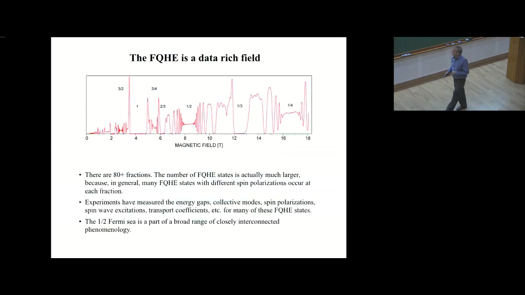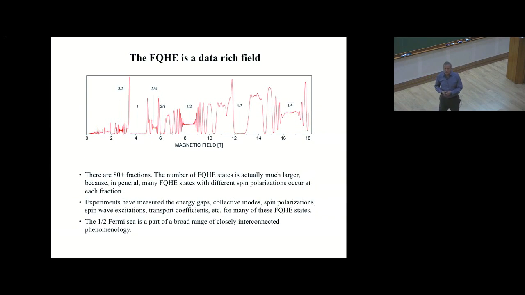In fact, this is another such picture where I show only the ordinary or the longitudinal resistance. But remember, each minimum here has a fraction associated with it. To date, more than 80 fractions have been observed.